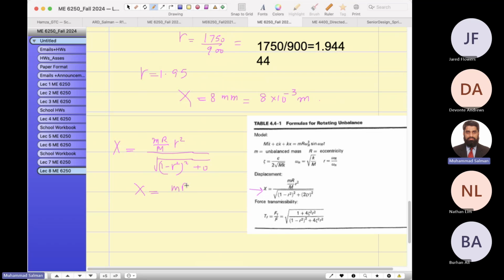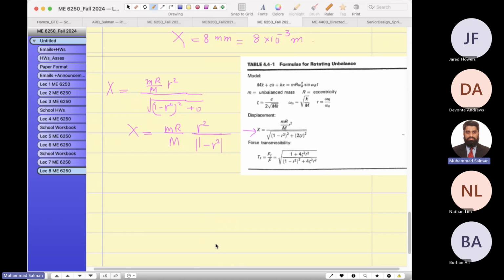So m r over big M, r squared, in terms of mod, because this can be positive or negative, and the square converts every negative to positive, so I wanted to keep this in terms of mod.